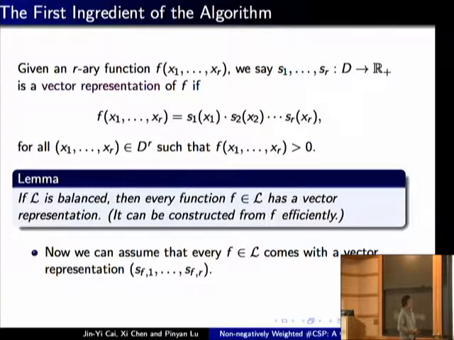Then these r vectors S1 to Sr are a vector representation if, for any r-tuple x where f of x is positive, you can compute f using these vectors. It becomes the tensor product of these vectors, and they agree with f at every place where f is positive.